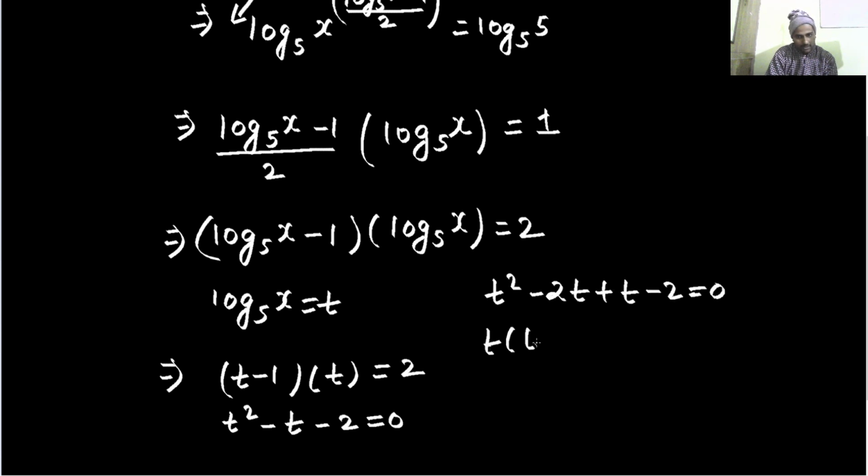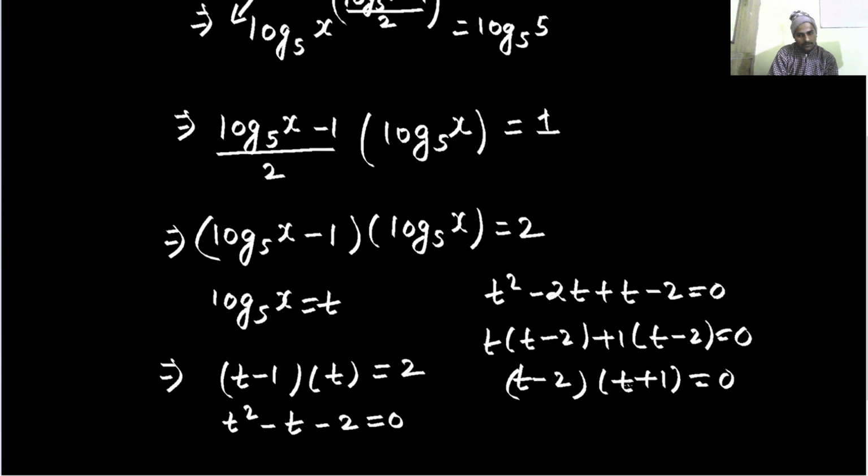If I take t common, t minus 2 equals 0. So this is (t minus 2)(t plus 1) equals 0. So you are getting t as 2 or minus 1. These are the two values which you are getting.